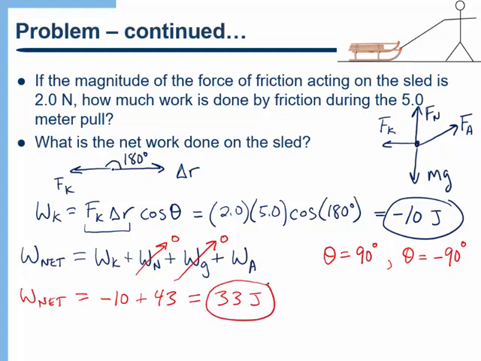So that's the total amount of energy that the sled gained in this process. Where does that end up? Well, that ends up entirely as kinetic energy. One of our goals in this video is to define the formula for kinetic energy. But the sled now has energy in the form of motion that it didn't have before.